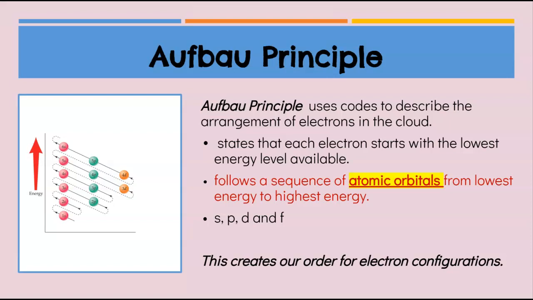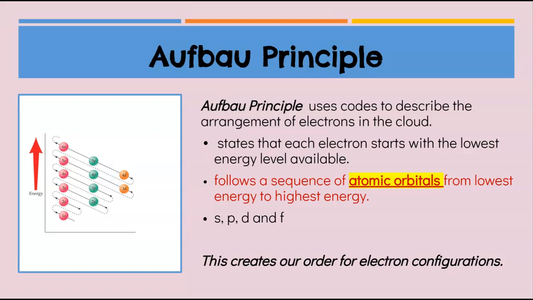So the first one is the Aufbau principle. And basically, this is just using the sequence of atomic orbitals from lowest energy to highest. So these are going to be the S, P, D, and F, okay? So this is basically just telling us that we have to start filling with the lowest energy first, okay?